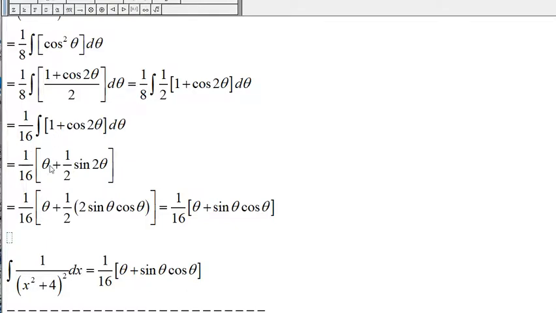The antiderivative of 1 is just theta. The antiderivative of cosine of 2 theta is 1/2 times sine of 2 theta. From trigonometric identities, sine of 2 theta is 2 sine theta cosine theta. 1/2 times 2 is 1, so we end up with 1 over 16 times (theta plus sine theta cosine theta).